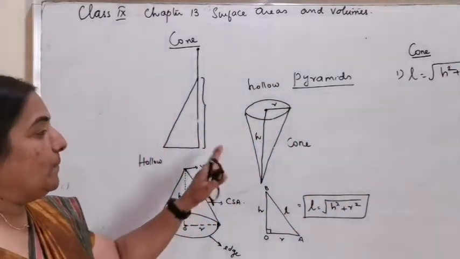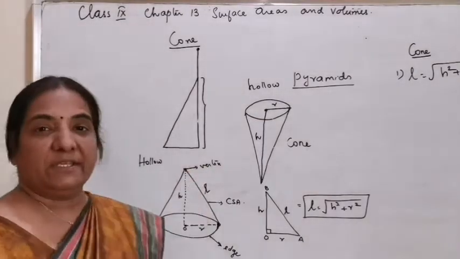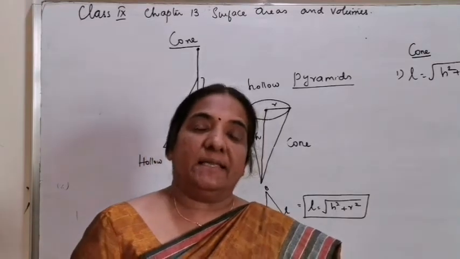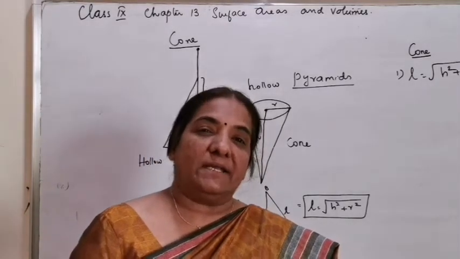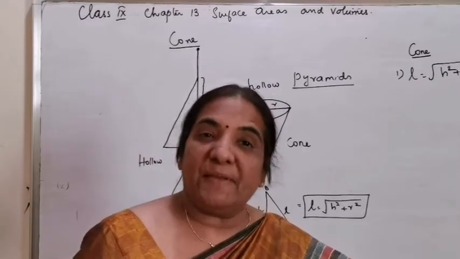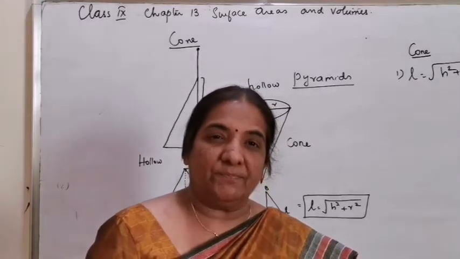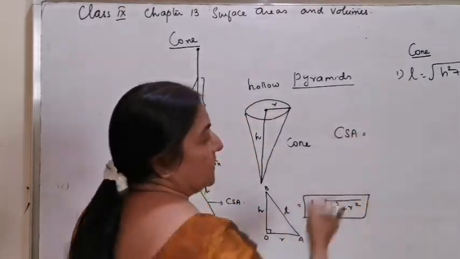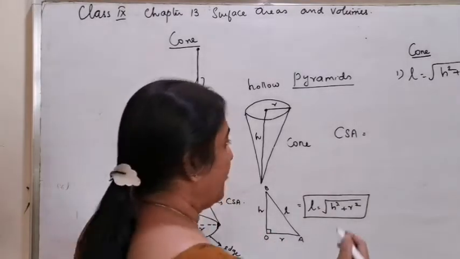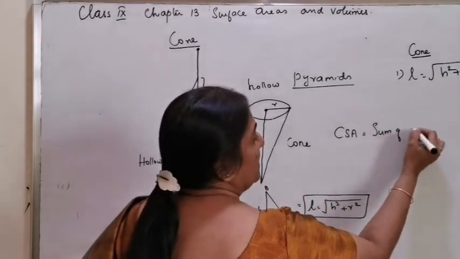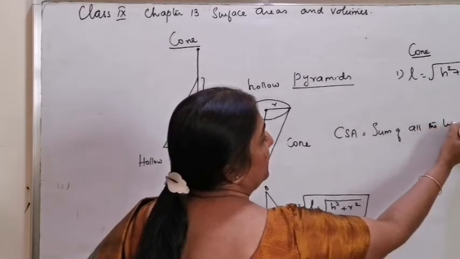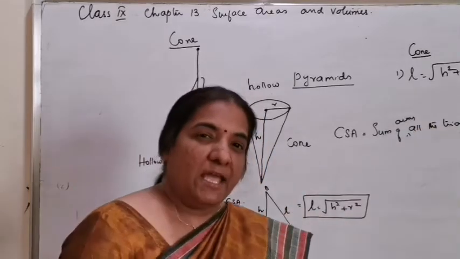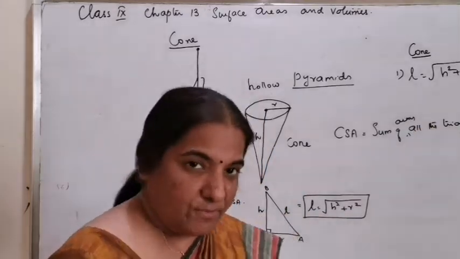And now when you consider a hollow cone here, if you cut the hollow cone and imagine that it is divided into as many triangles as possible, then the curved surface area of the cone will be the sum of the areas of all the triangles formed.